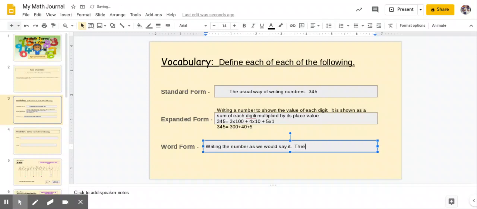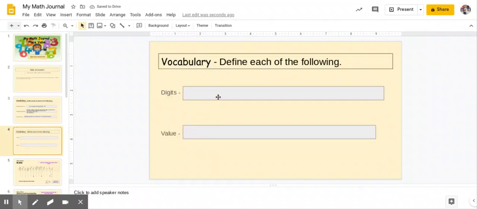For example, 345 would be three hundred forty-five. Okay. And then we have a couple more vocabulary words.